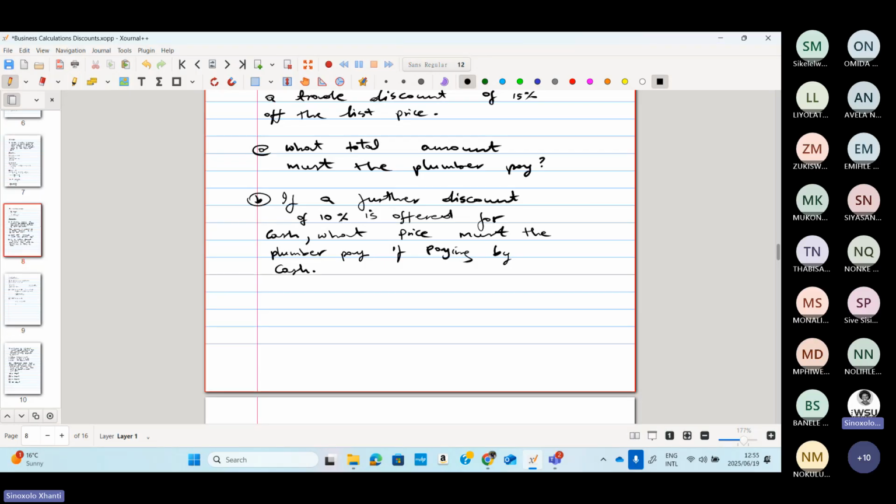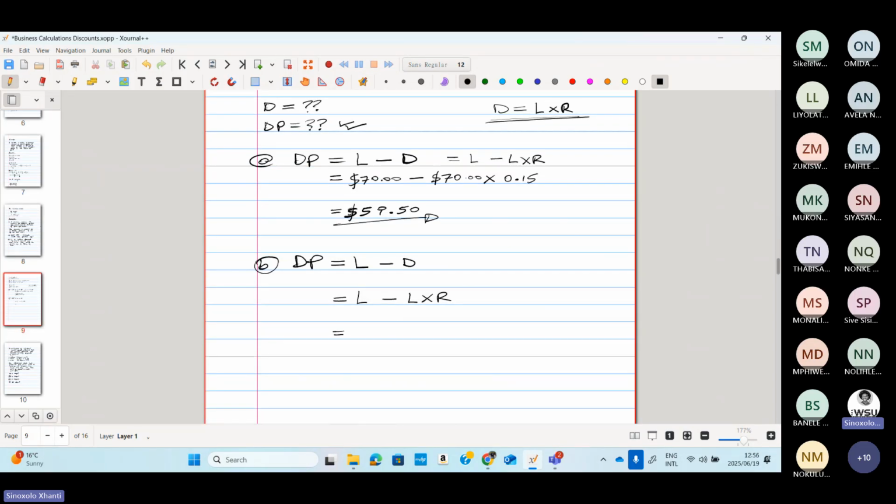If this discount was not given, this plumber was going to pay $59.50. But now they are applying this second cash discount, which means now our listing price is going to be the same as the price this guy was going to pay if this 10% was not being applied.